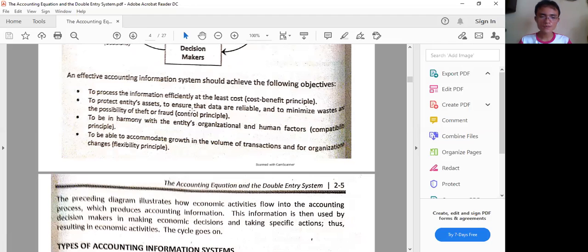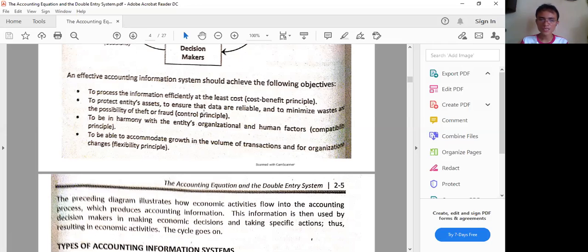An effective accounting information system would be beneficial in terms of cost. The cost is at the minimal level, and the benefits must exceed the cost. Then the assets must be protected, the data must be reliable, we minimize waste, and we should be able to detect and control the possibility of theft or fraud.